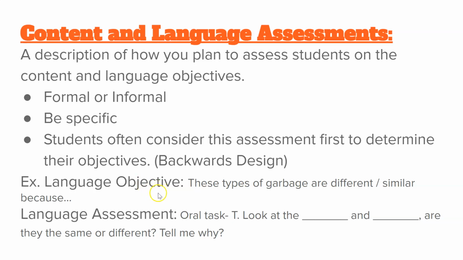You may think about doing what they call a backwards design, where you start with how you're going to assess them. So after you figure out what content objective you're going to use, then figure out how you are going to know if they met that objective.